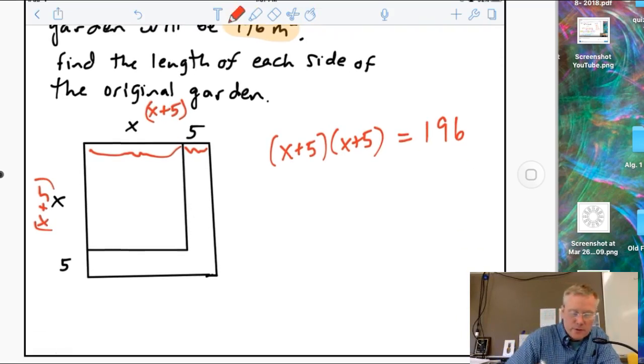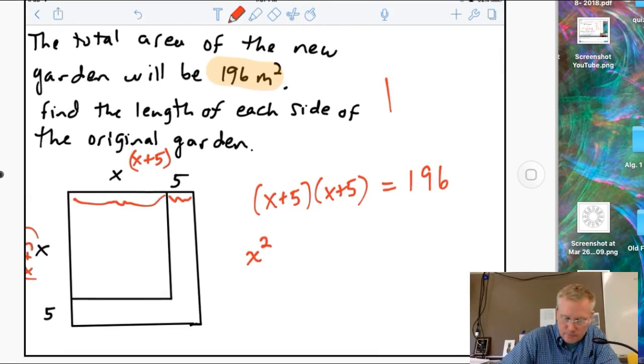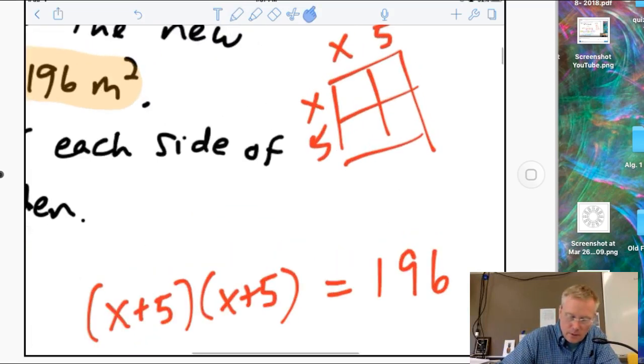Now, to solve this, I'm going to use FOIL or box, whichever technique you like. And when I do this, I got x times x is x squared. And when, I'll do it out with box here, 5x, 5x, 5 times 5 is 25.